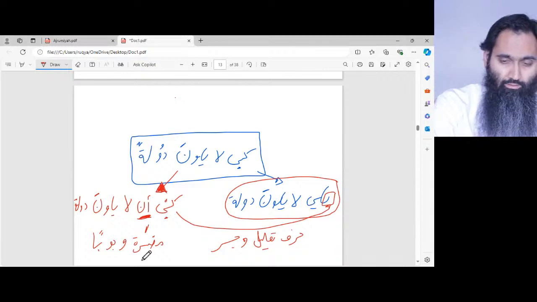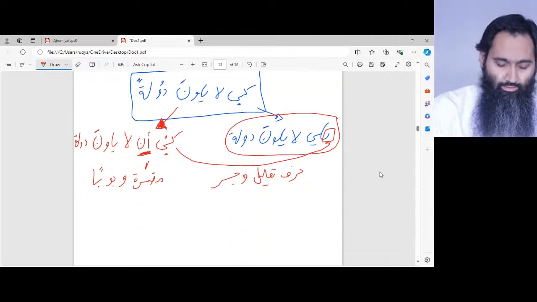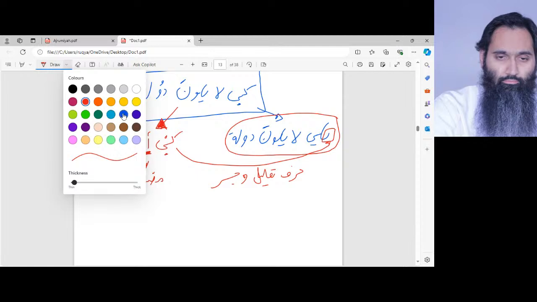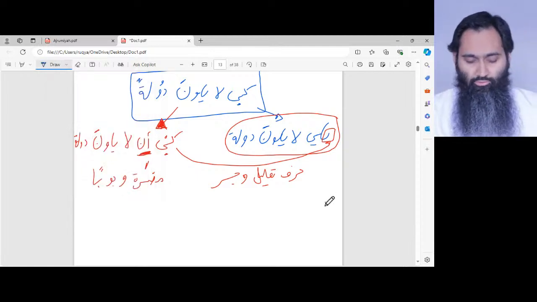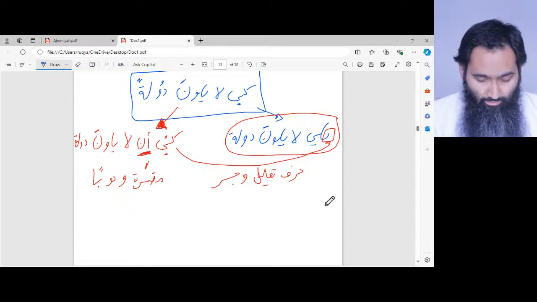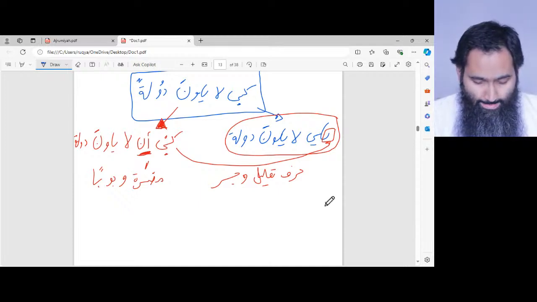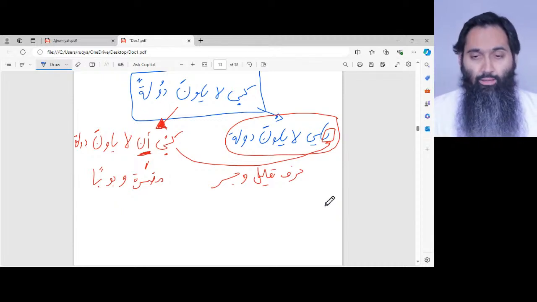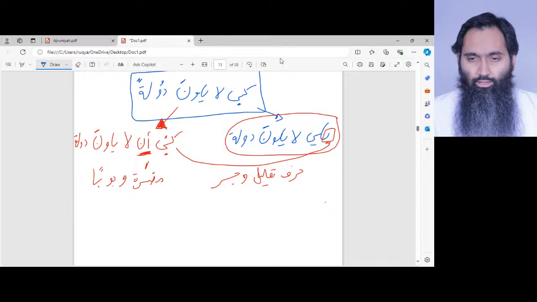For example, the first one will be the same i'rab as before. So what will lam be? Lam would be harfu ta'lil wa jar.